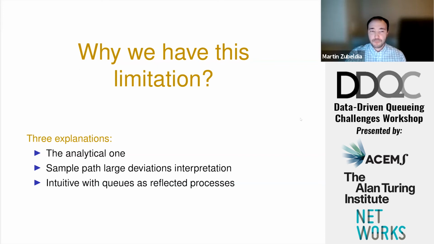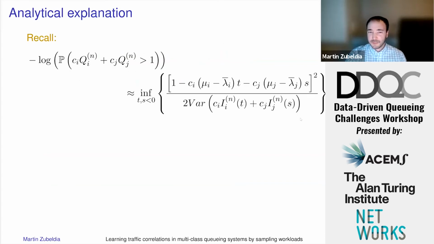So the first one, the analytical explanation, is: if we look at the large deviation behaviors of these queues, they're based on this large deviation principle. That is, the log of the probability of a positive linear combination of queues being bigger than 1 is the infimum of this function, which has the covariance that we needed kind of hidden here in the denominator, in the variance of the sum.